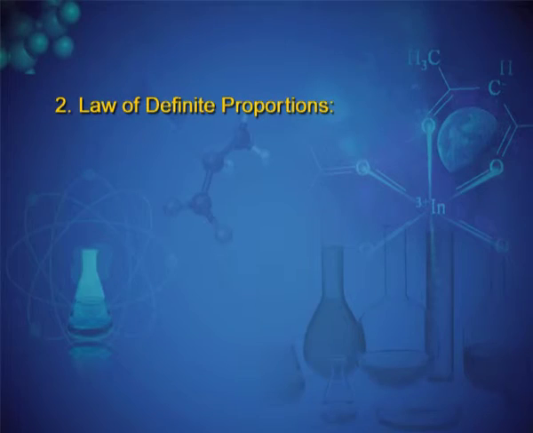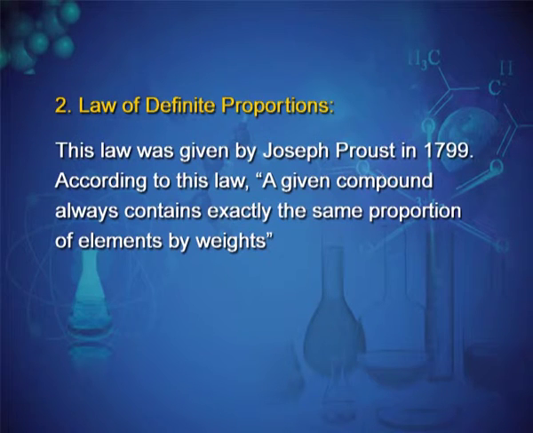The second law is the law of definite proportions. This law was given by Joseph Proust in 1799. According to this law, a given compound always contains exactly the same proportion of elements by weight.